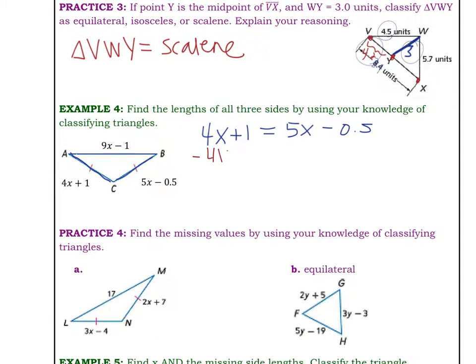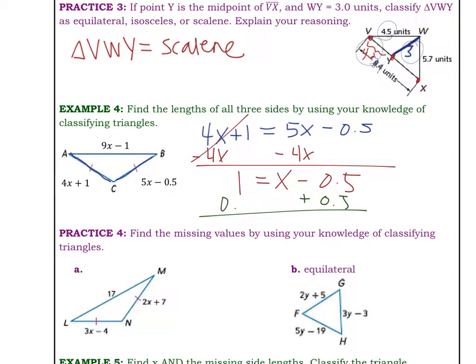I simplify. So if I subtract 4x, I'm left with 1 is equal to x minus 0.5. How do I get x by itself? Add 0.5. And x is equal to what? 1.5. Cool. Am I done?